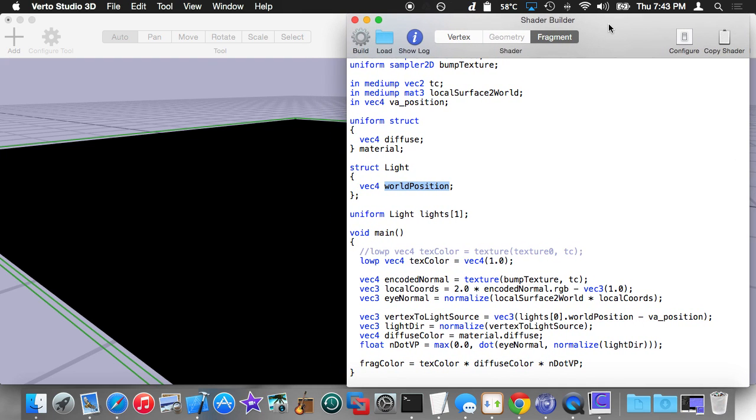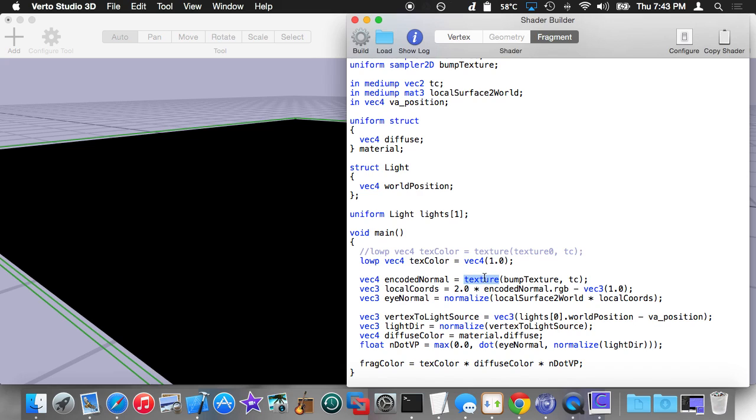When we actually look at the body of the fragment shader code, which does the bump mapping magic, we start out by just setting the texture color to white, because to show this example off, I want to show only the bump map part and leave the texture off for now. This is the important part where we retrieve the encoded normal from the bump texture.